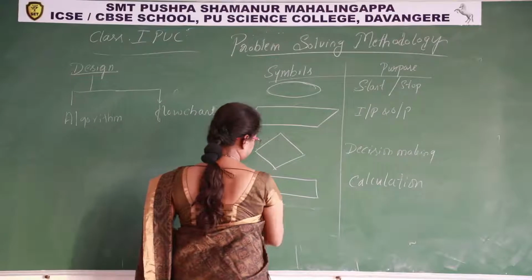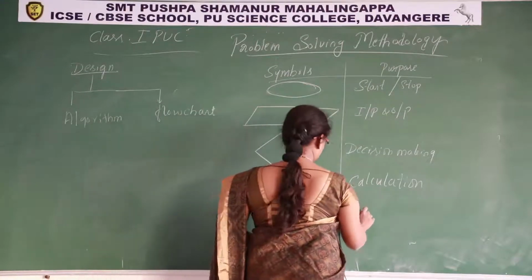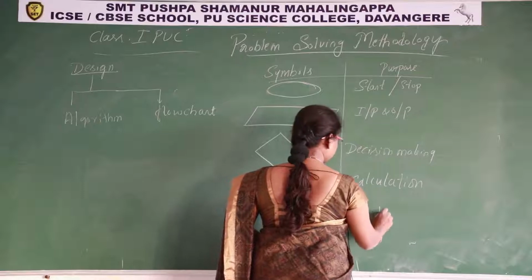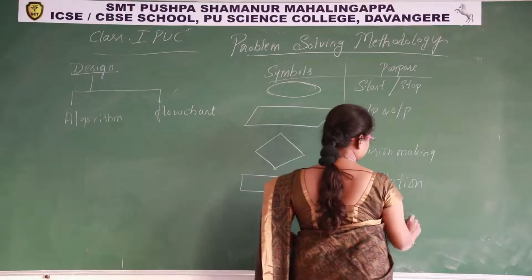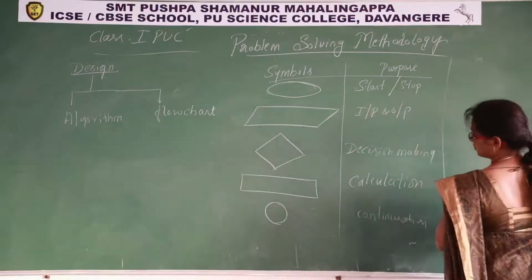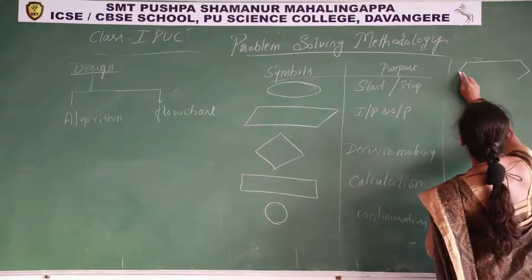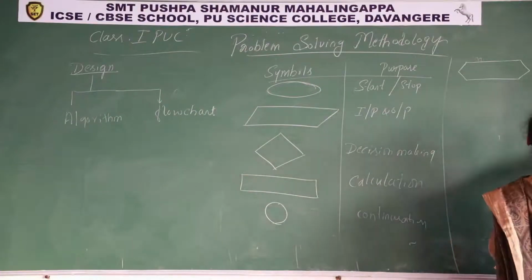Next, circle, continuation. Then hexagon, for loop.